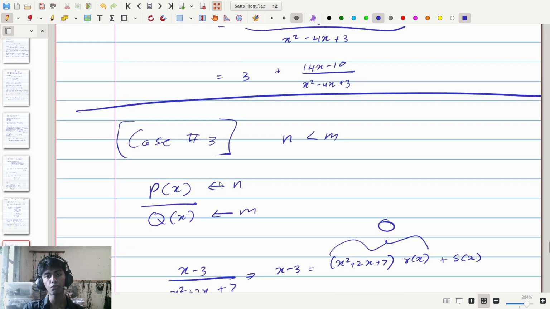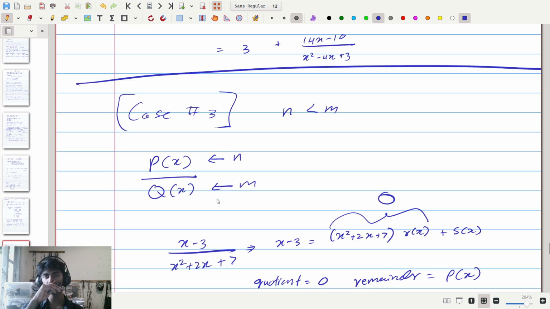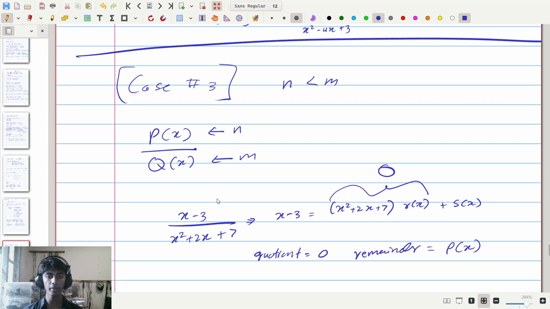However, if n was less than m, meaning the numerator has a lower order than the denominator, it automatically means that there's no polynomial we can multiply the denominator by in order to get the numerator. So the quotient must be equal to 0, because there's no other polynomial that we can put there to multiply the denominator by in order to give the numerator.